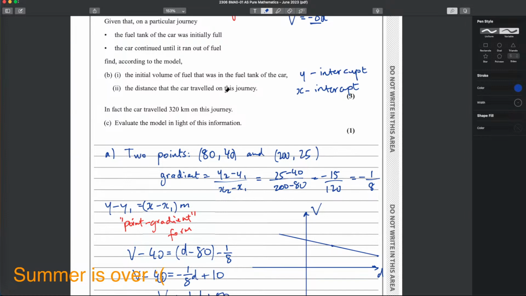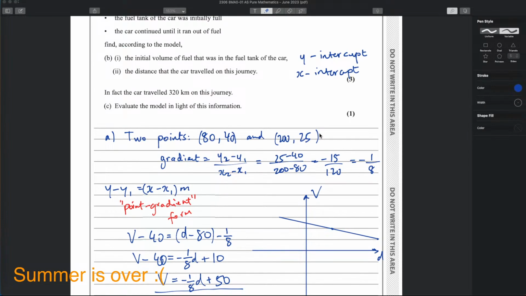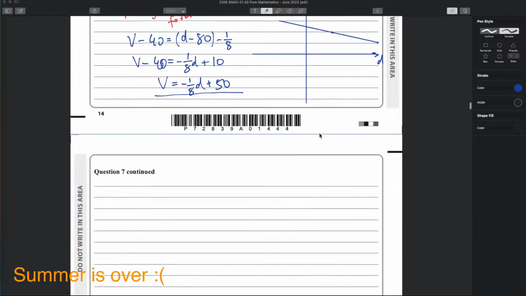The distance it travels is until the fuel reaches 0. So we have the y-intercept, B, already: 50 liters.